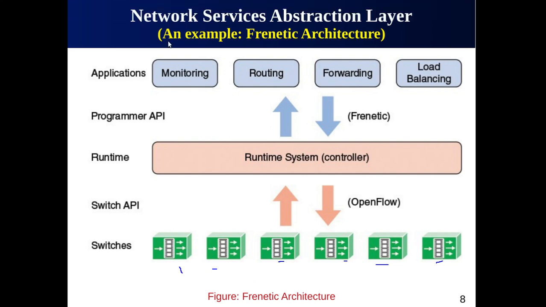And the lower level of the abstraction is provided by a runtime system that actually operates within the SDN controller, and it will translate high level policies and queries into low level flow rules, and then it will issue the needed OpenFlow commands to these switches with the help of OpenFlow.